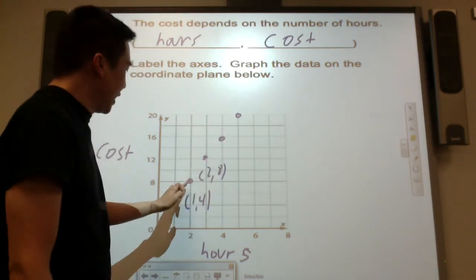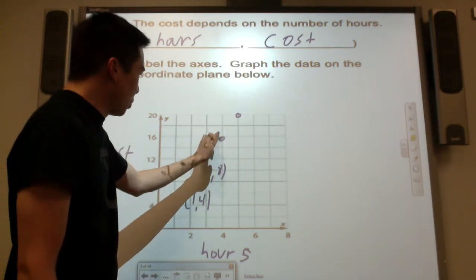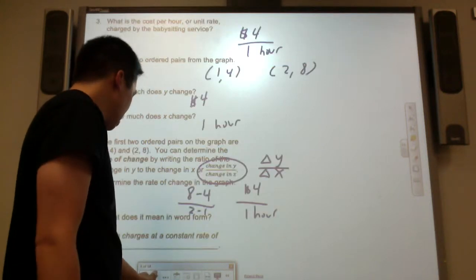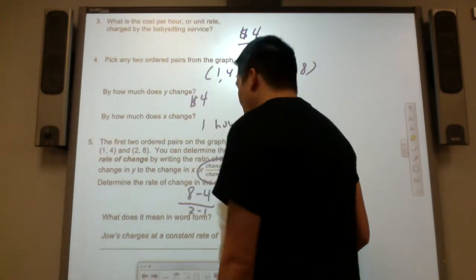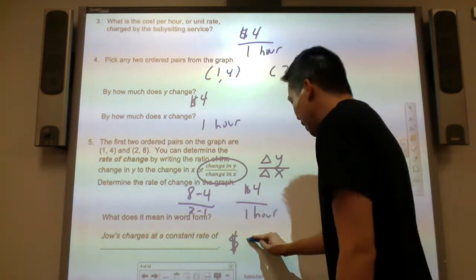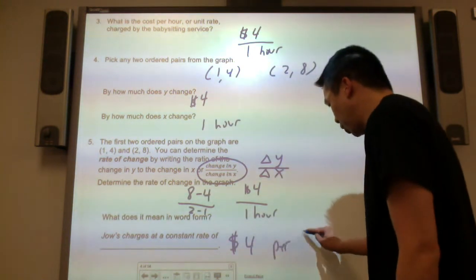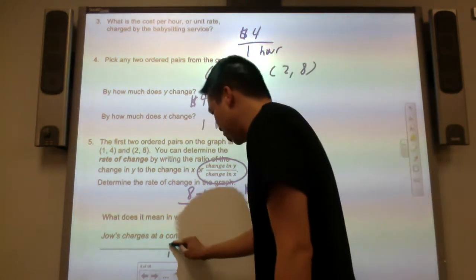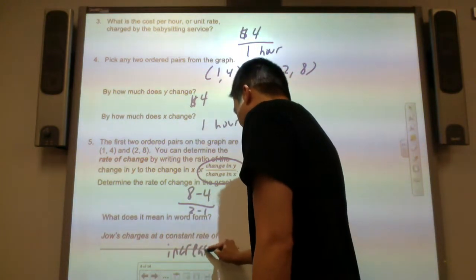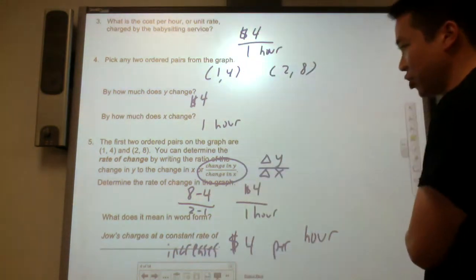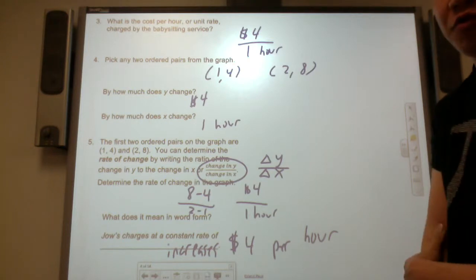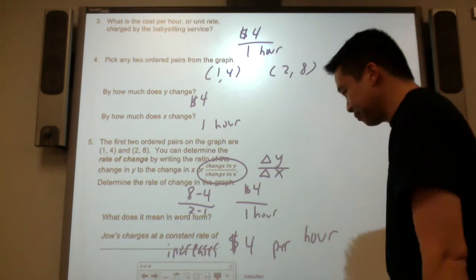Or another way to say, it increases $4 per hour. So in word form, it's $4 per hour. So that's what I charge. I charge about $4 per hour.